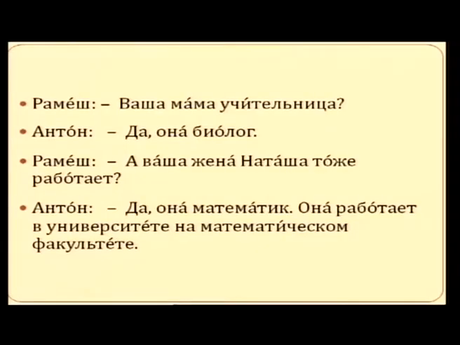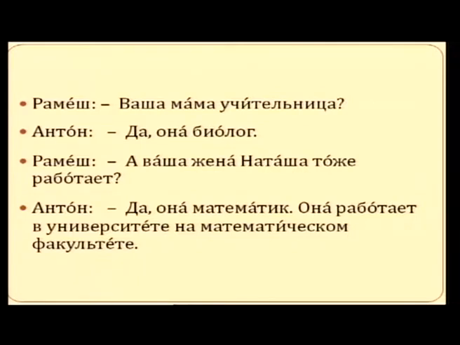If we get back to the text again, let us see the meaning of the conversation between Anton and Ramesh. Ramesh is asking Anton, Ваша мама учительница? Anton replies, Да, она биолог. Here, for a biologist, we are using the word биолог.